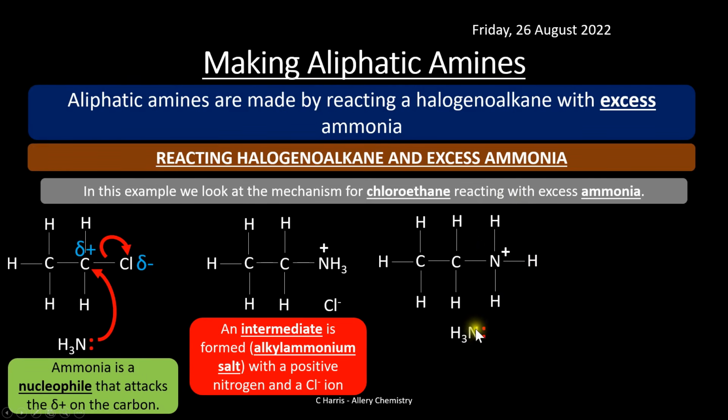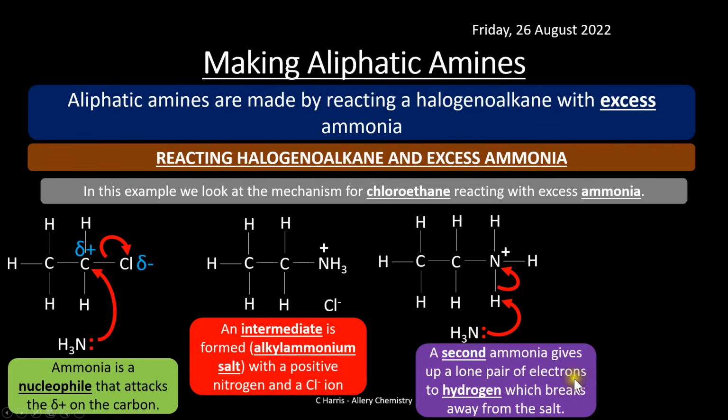This time, this is going to act as a base. The lone pair of electrons is going to take this proton, so it's a proton acceptor, and then the electrons from this bond go in and neutralize that positive charge, leaving us with our NH2 group.